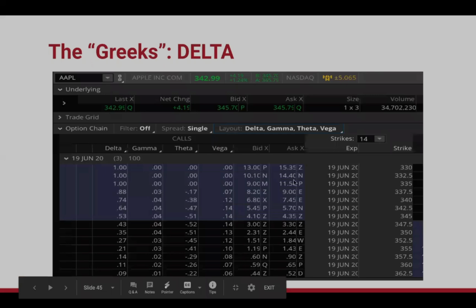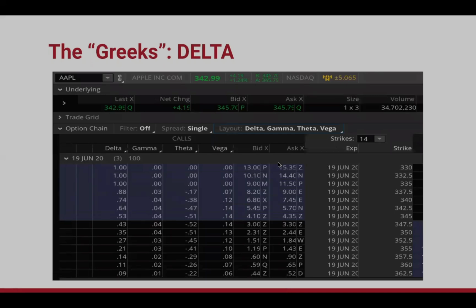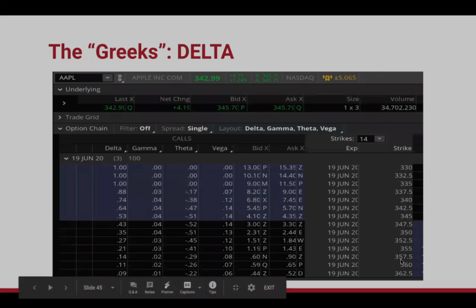Why? Because if we waited till the expiration date, the strike plus the premium is what? 330 plus 15 is 345. This scenario is already higher than 345. It's 357 plus 90, which is what? 358.